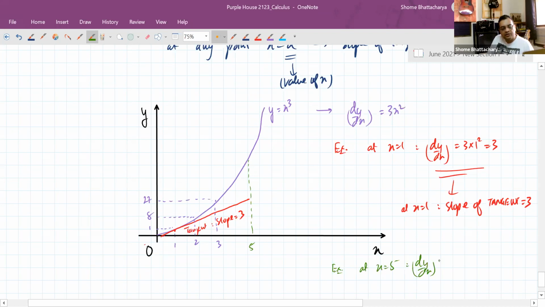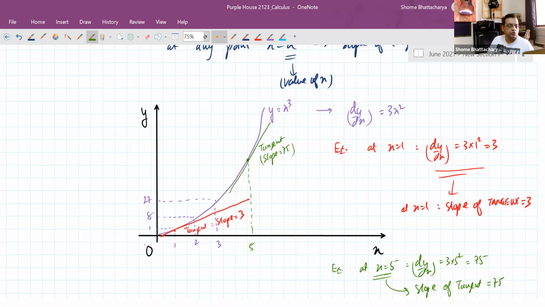Then dy by dx's value will become 3 into 5 square, so that's 25 into 3, which is 75. That means at x equal to 5, the slope of the tangent is equal to 75. If I draw a tangent line at this point, it will have a slope of 75, which is so much more than this.